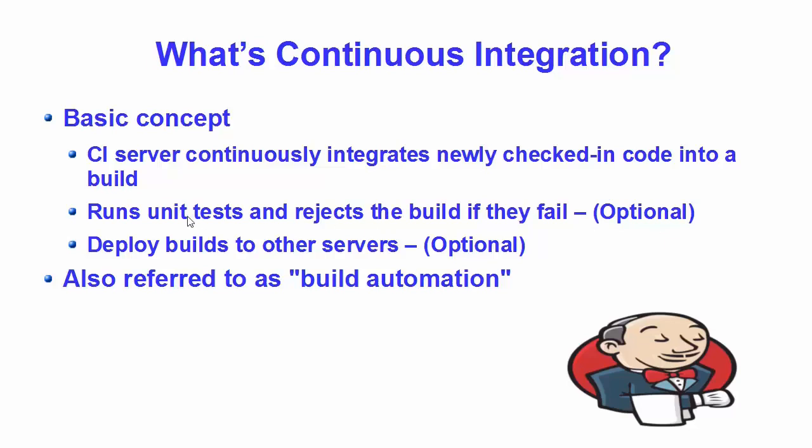Now, if your unit test or whatever build you are making is successful, then a continuous integration system is going to deploy your build to other servers. So continuous integration is also referred to as build automation.